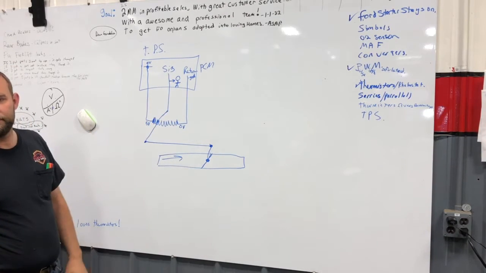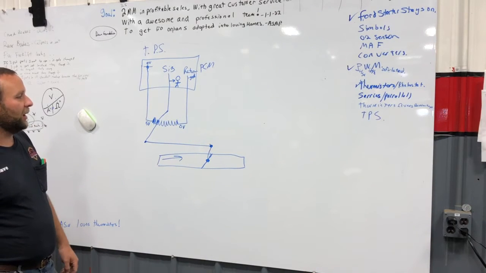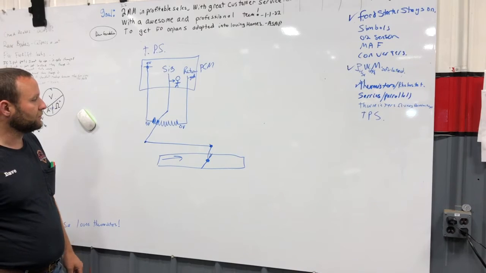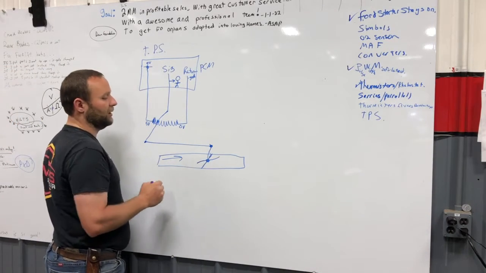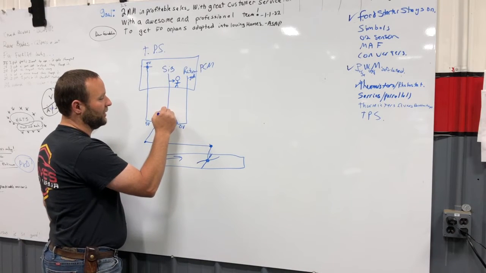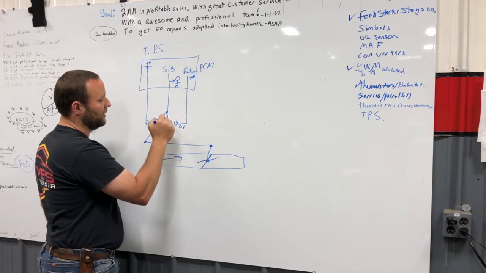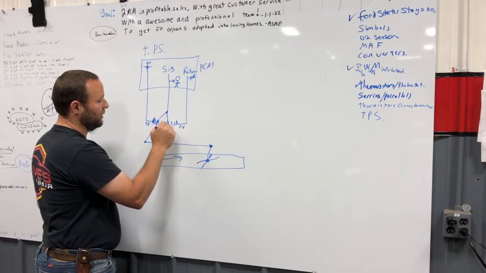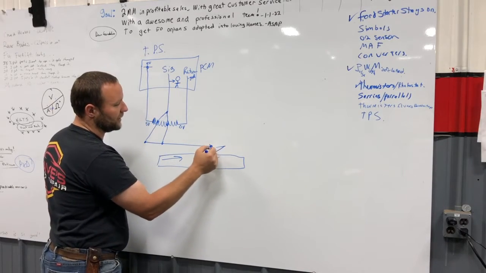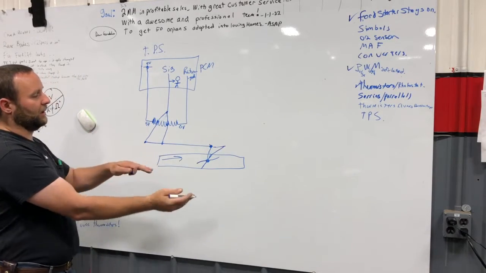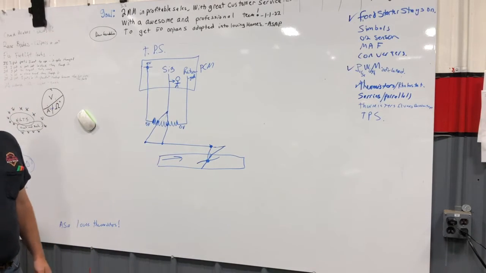Typically it's the opposite way, so I'm drawing kind of the inverse. Let's say this goes to here, so it's 3/4 throttle. This moves to here, which moves this over to here. Does that make sense how that works? It's actually the opposite of that, but I drew it wrong.